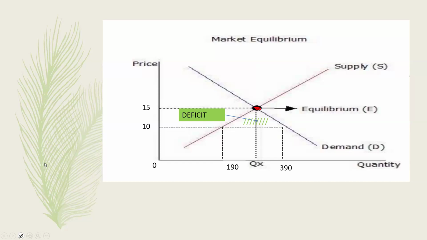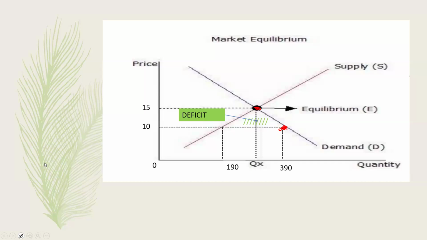But in the actual economy, the price is $10. We're happy because price went down. You know why? It's hitting my demand curve. At a price of 10, demand is going to be high because price went down. Nothing new here, you guys. Because price went down, we are happy.